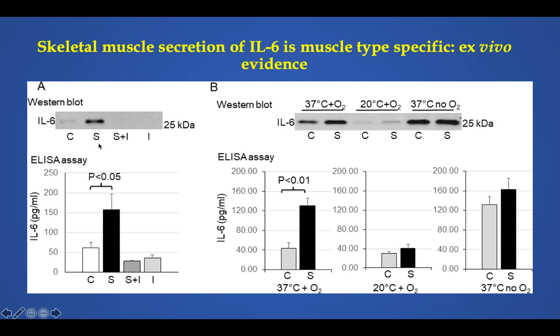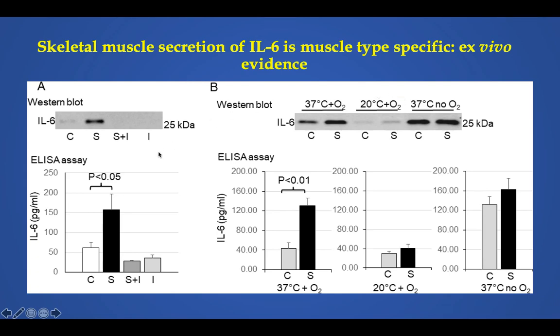This is a stimulant, and they were using various kinds of stimulants, including nicotine. This is the stimulant here, and here is the control and the stimulant with varying amounts of whether it had oxygen or not, and two different temperatures that they used here.